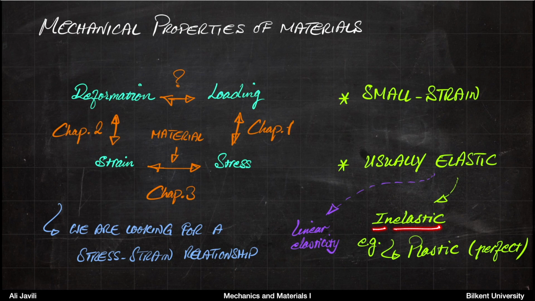And for this course, we only deal with a very particular behavior of materials that is not elastic, and that would be plastic, and also not just usual or generic plasticity, but perfect plasticity. Okay, so for most of the materials in this course, we talk about elastic materials. If it is not elastic, it would be perfectly plastic.